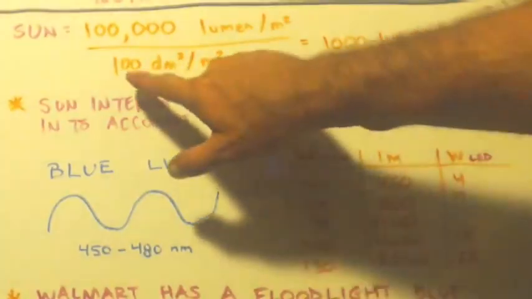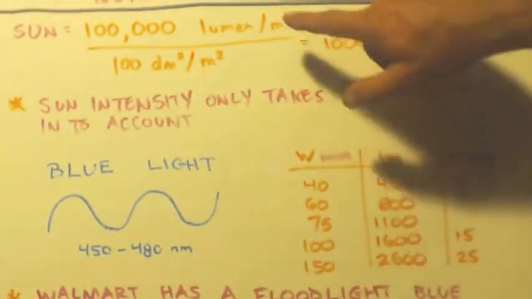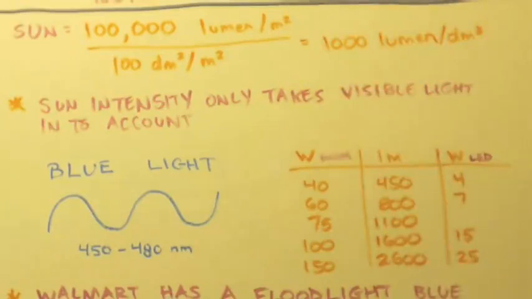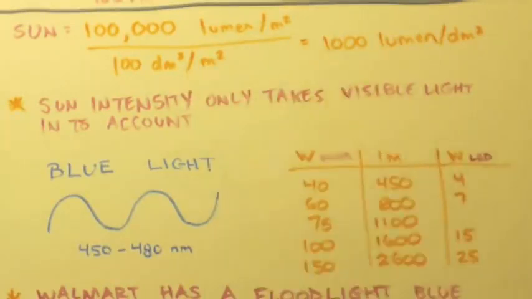But anyways, I divided it by 100 decameters per square meter because I want to know how many lumens the sun hits on the earth in 1 decameter. The reason is that's about 4 inches by 4 inches, or 1/10 of a meter by 1/10 of a meter.